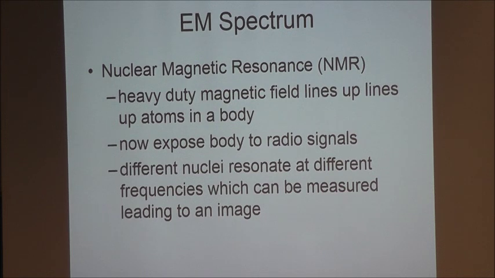Nuclear magnetic resonance is another EM spectrum-based technique. A heavy-duty magnetic field lines up atoms in a body. That's what they do. And now you expose the body to radio signals, and different nuclei resonate at different frequencies, which can be measured, leading to an image.